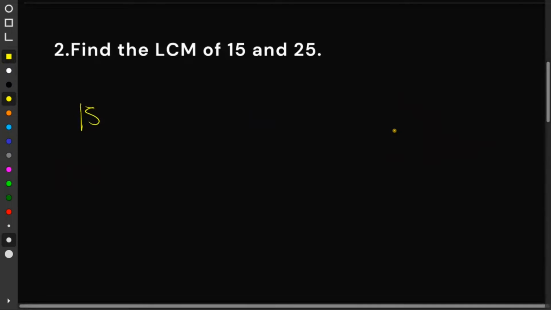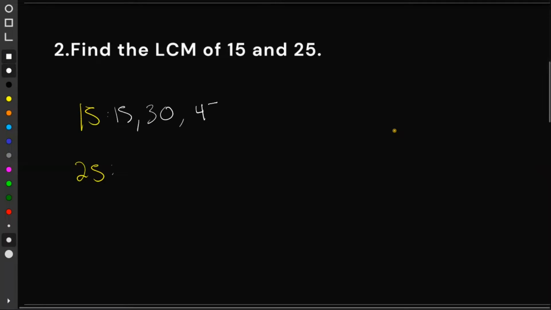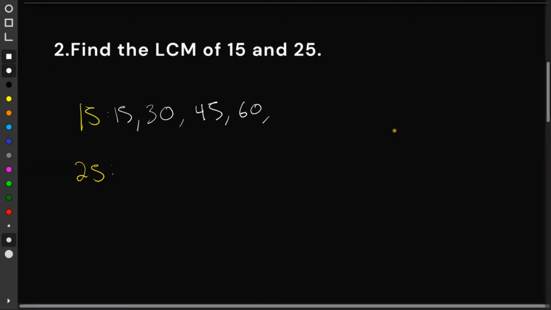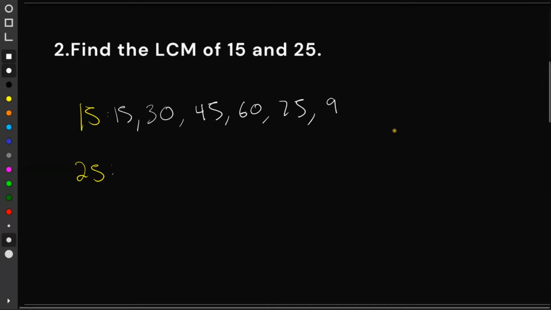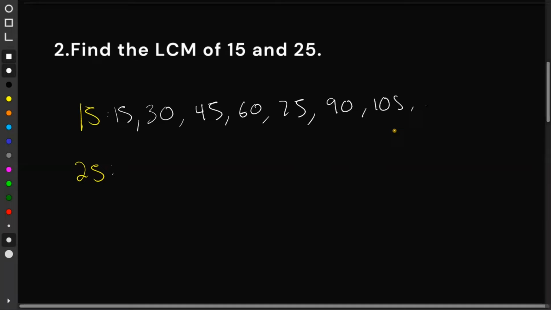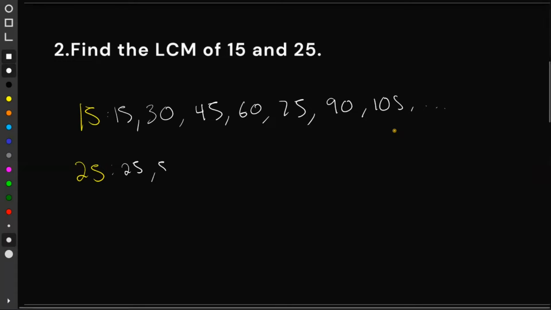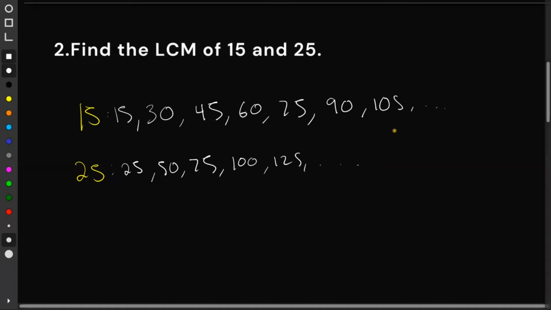So we have 15 and 25. Listing their multiples, we have 15, 30, 45, 60, 75, 90, 105, and so on. For 25, we have 25, 50, 75, 100, 125, and so on.